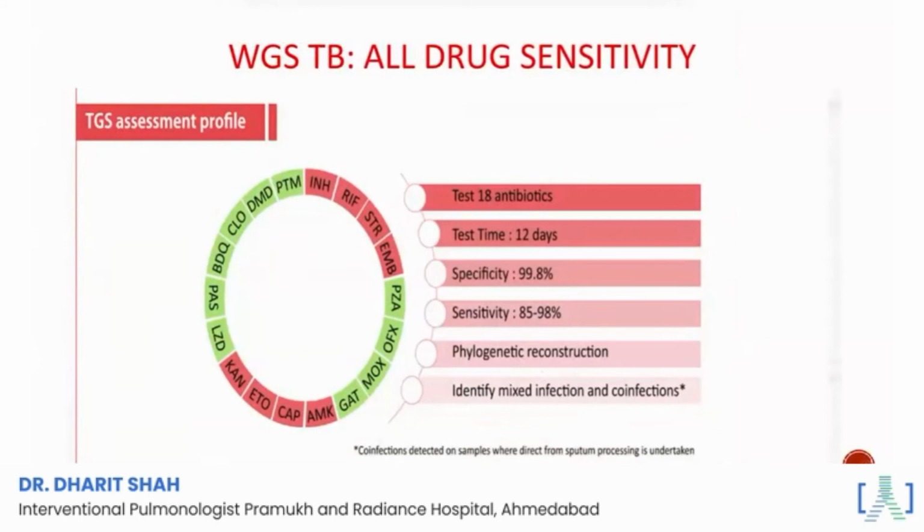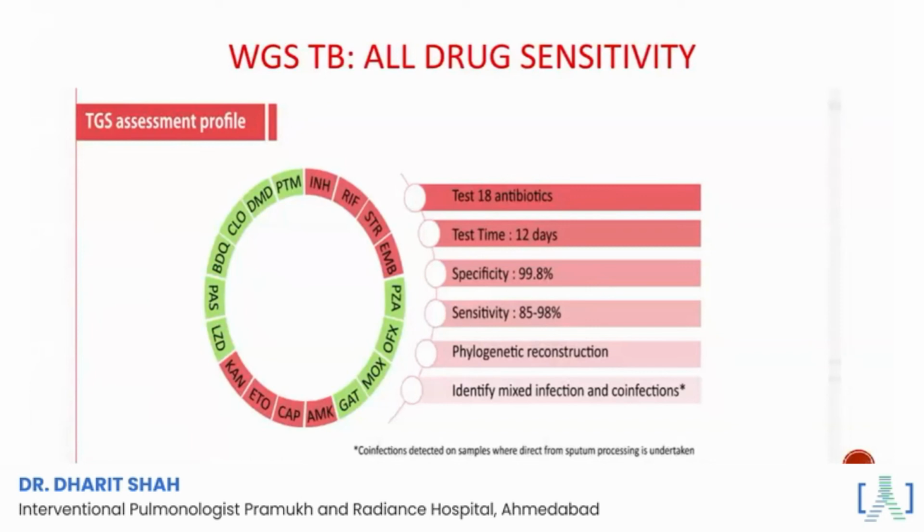Next, which drugs are investigated by WGS? You all know that CBNAAT gives just rifampicin sensitivity. First-line LPA gives rifampicin and isoniazid. Second-line LPA gives fluoroquinolone and SLID, the second-line injectables. And if you are doing culture with DST, then you can get each and every drug susceptibility.